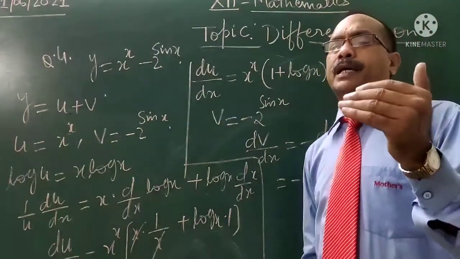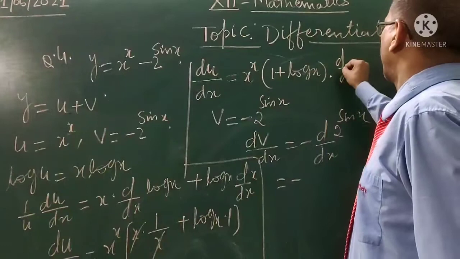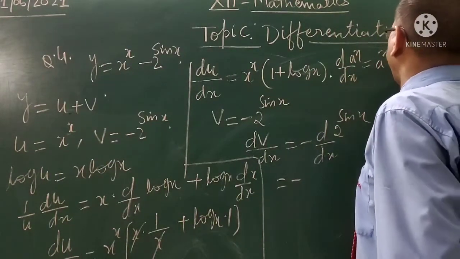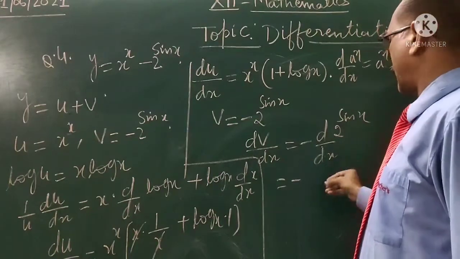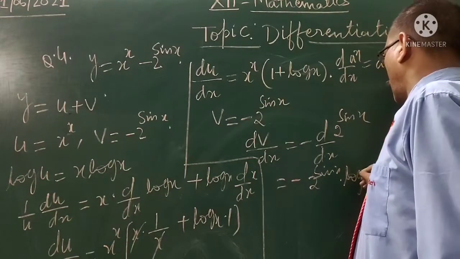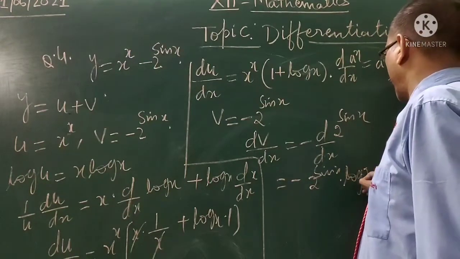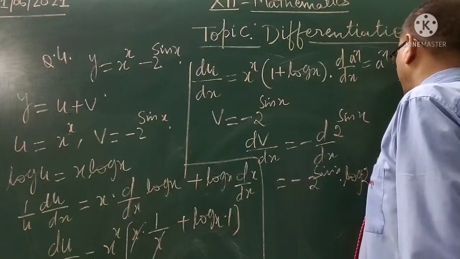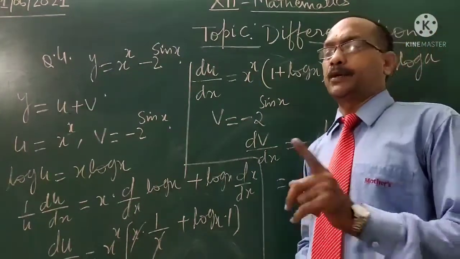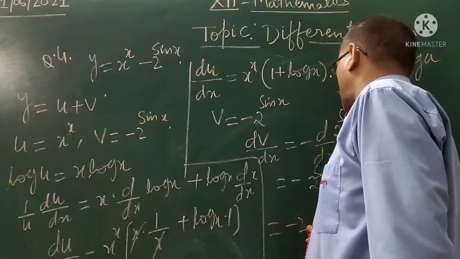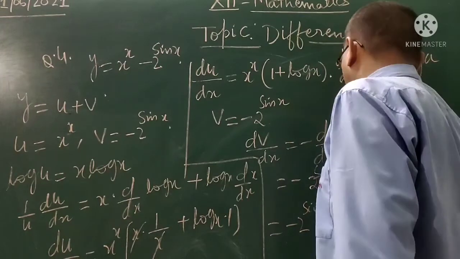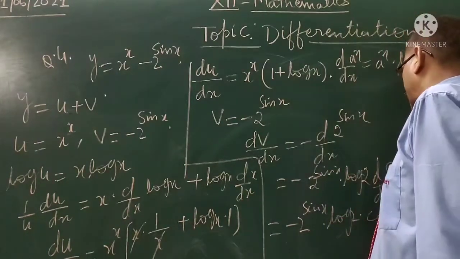Derivative of a power x is a power x into log a. So according to this, it is 2 power sin x into log 2 into d over dx of sin x. It is by chain rule. Then minus 2 power sin x into log 2, and derivative of sin x is cos x.